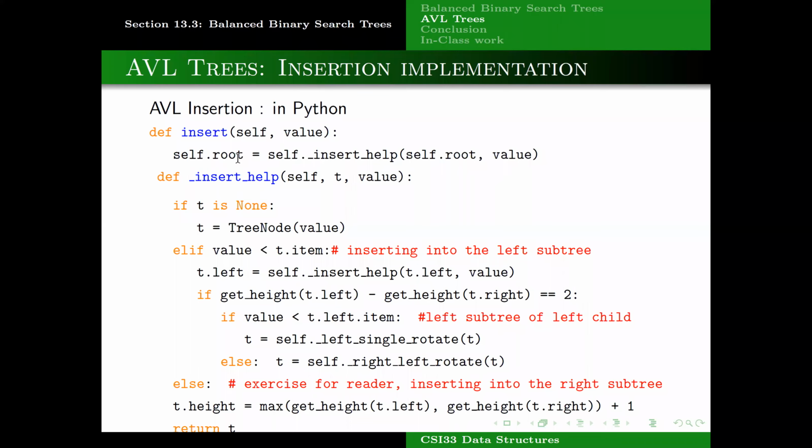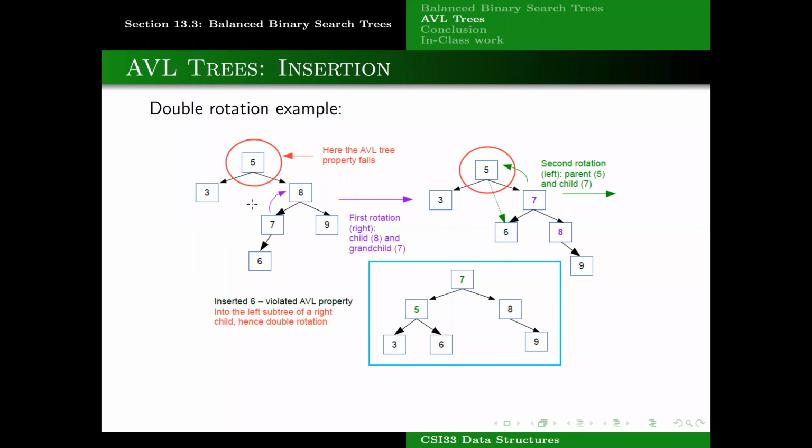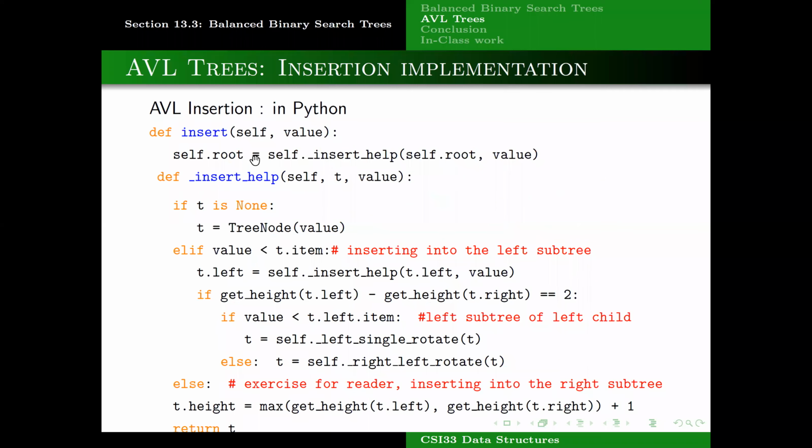This root, it might be updated, right? So the information about the root of the tree might be updated at the end. And what happened over here, right? The 5 is no longer the root, the 7 is, right? So this assignment over here will help us to update the original root of the tree if that needs to happen.